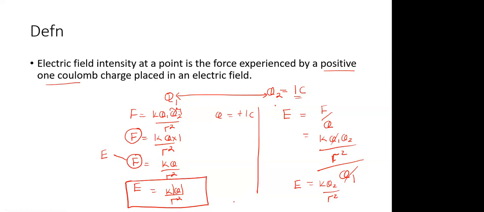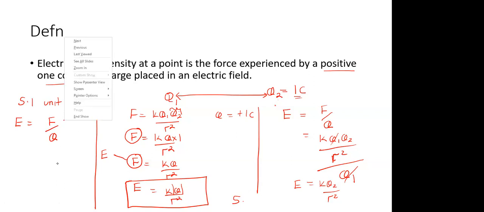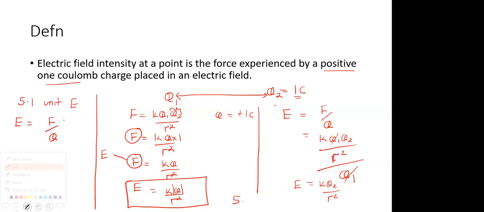Okay. Now, what do you need to know? You need to know the SI units, how are they going to come about? To obtain the SI units of electric field, we have said that electric field is given by the force per unit charge. What are the units for force, members? Newtons.